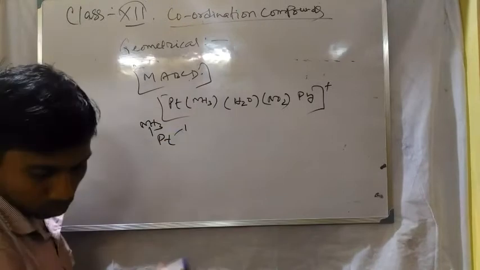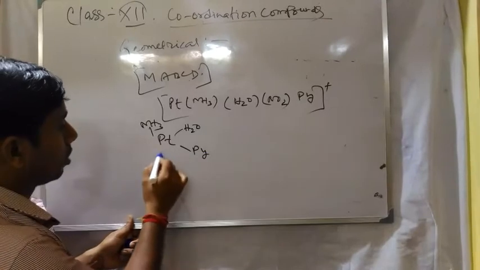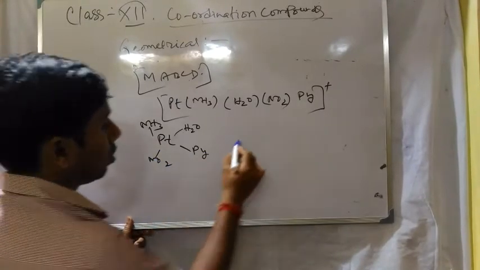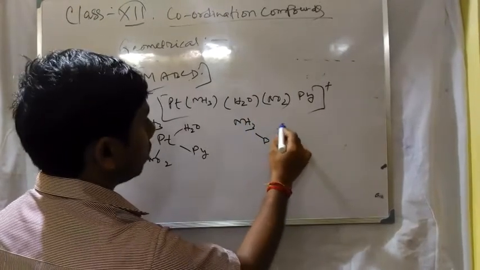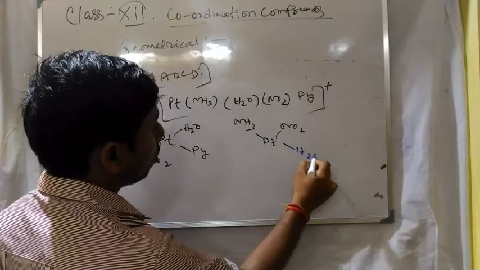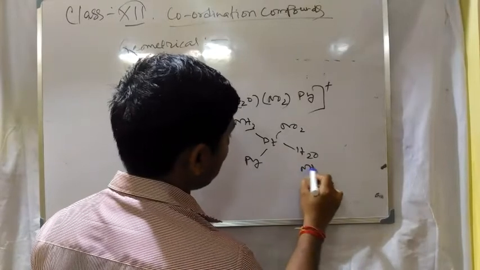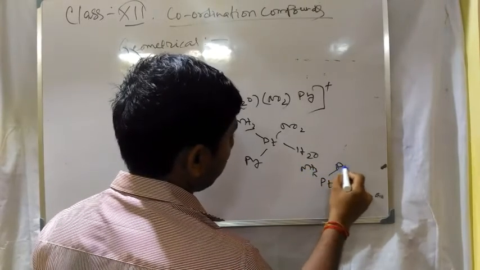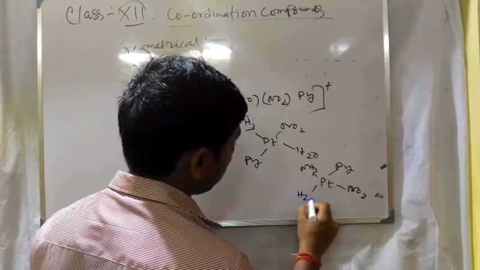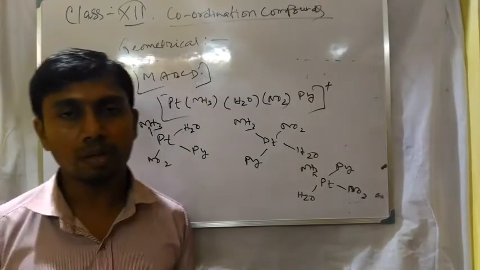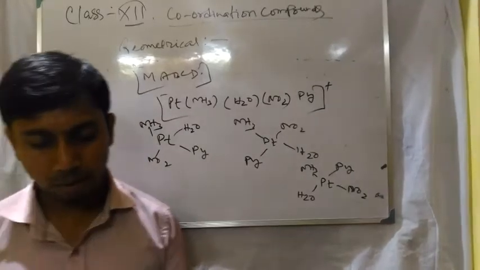Now H2O, Py, NO2, NH3, platinum, that is NO2, H2O, Py, platinum, NH3. Here it will be pyridine, NO2, H2O. So there are three possible isomers for the MABCD type complexes.